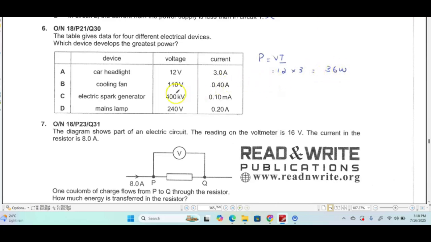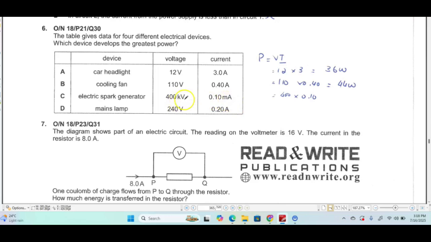Okay? For these 2 values, the voltage is 110 volts and the current is 0.40 amperes. So this is going to give us 44 watts. For 400 kilovolts and 0.10 milliampere. Here it is kilovolts and here it is milliampere.